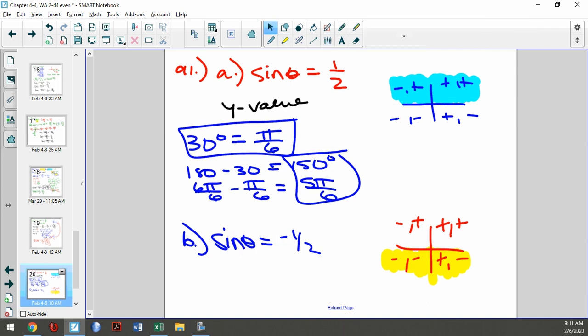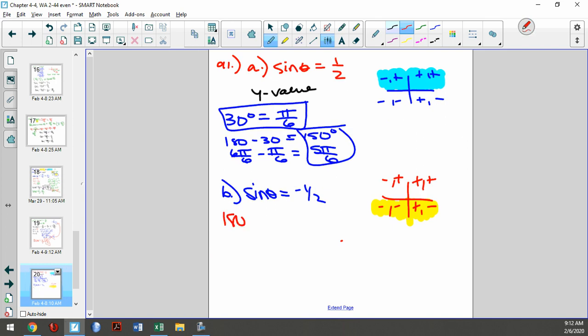So again, I'm still using that reference angle of quadrant 1, and the sine value still has to be 1/2, right? But I need it to be negative. So if I'm in quadrant 3, I'm taking 180 plus 30, which is going to be 210. Yes? Or 6 pi over 6 plus pi over 6, which is going to give you 7 pi over 6.